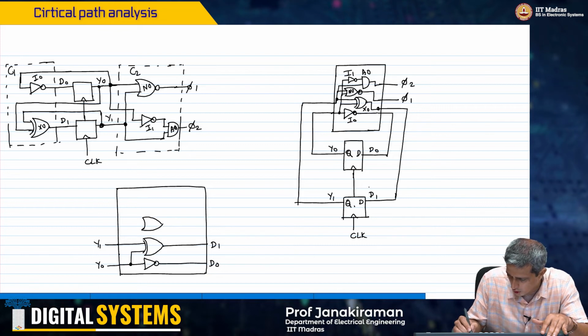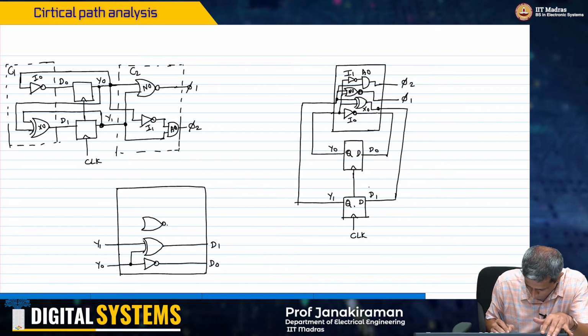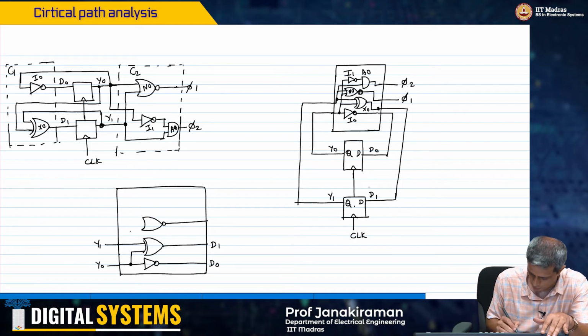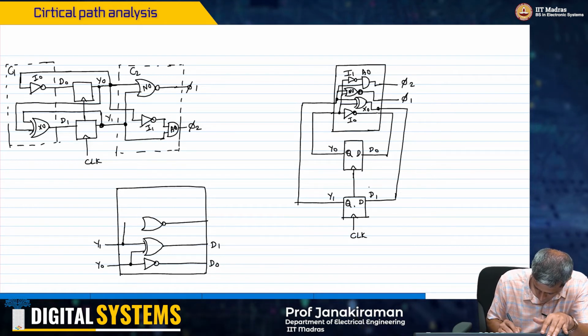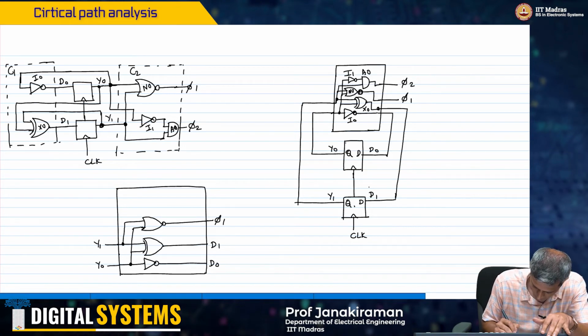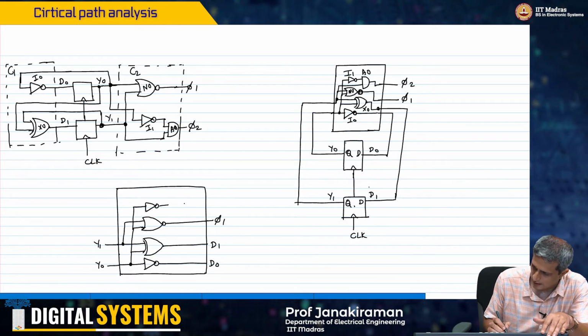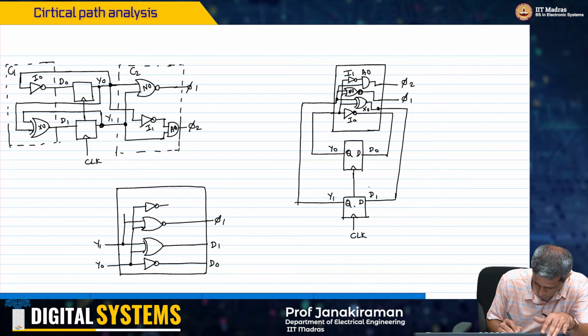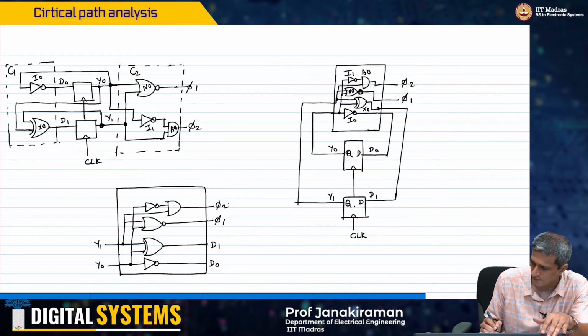Oh, this is a NOR gate, sorry, between y1 and... Okay, so I have phi 1 here, and then I'm going to take y0, invert it, and then feed it to an AND gate.